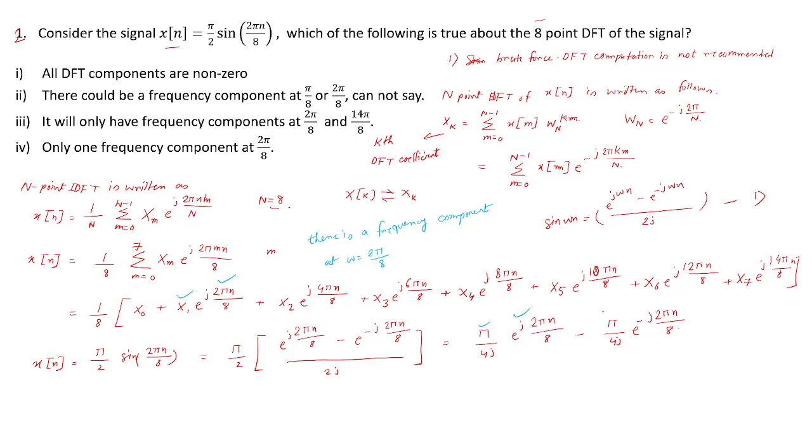Now a very common mistake is that you see this e to the power minus j 2 pi n over 8, and you see that in the xn expression there is no negative frequency, and you jump to the conclusion that there is only one frequency component at 2 pi by 8.